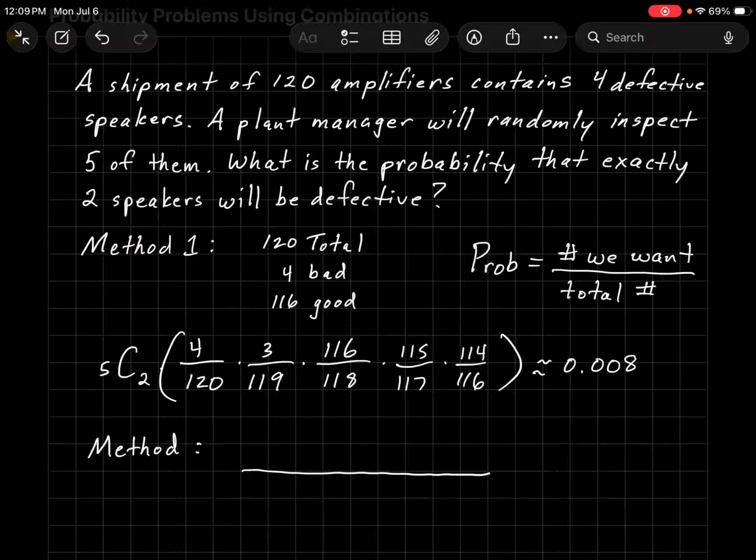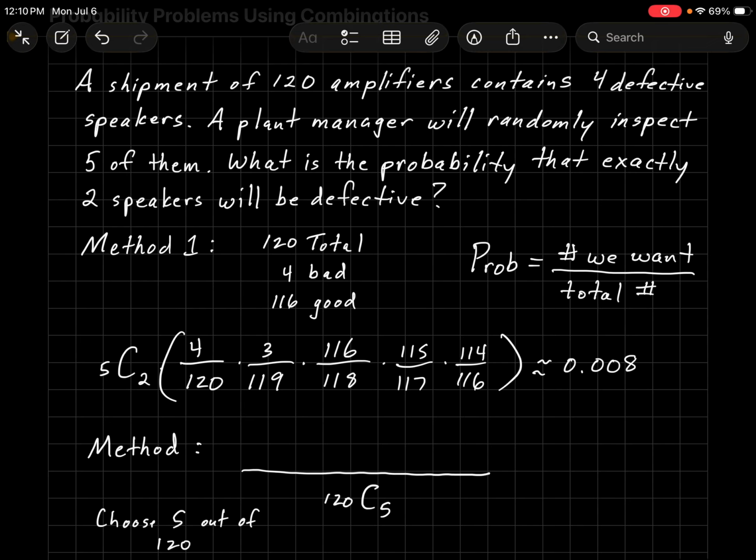Well, it's choosing 5 out of 120. So the total number of 5-group things that we could have is 120 combination 5. It's the total number of 5-unit things that we can choose out of 120.